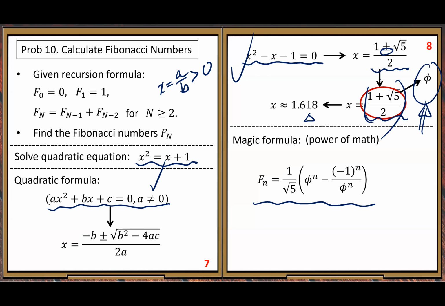Many numbers, for example, 1/3 equals 0.33, infinitely many 3s repeating. 1/7, like that, right? This is one cycle.